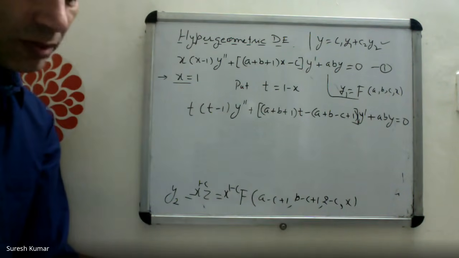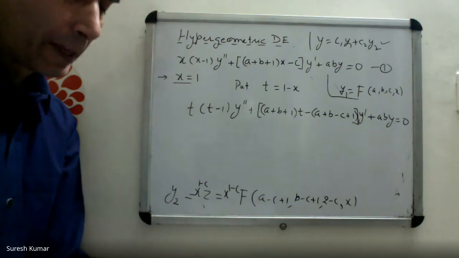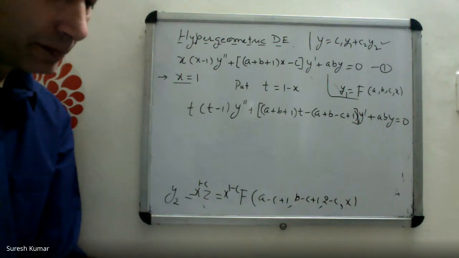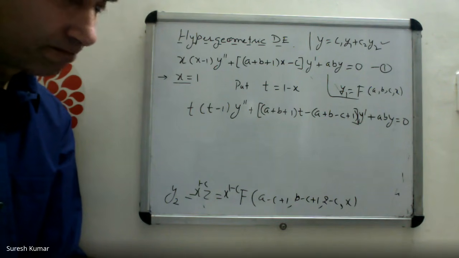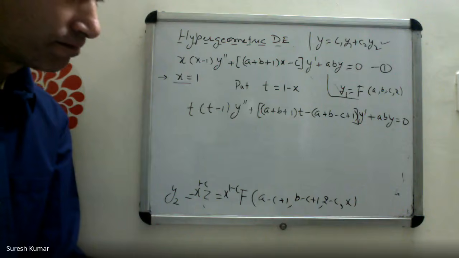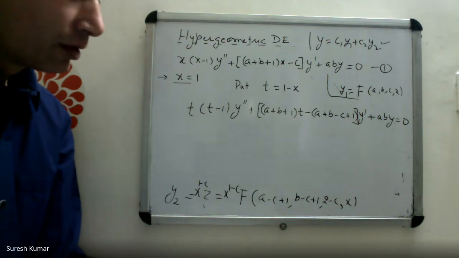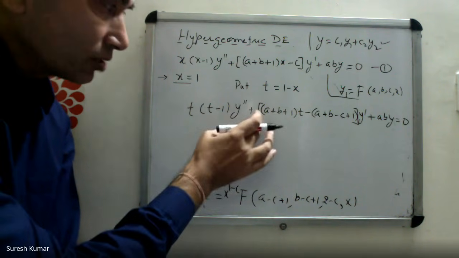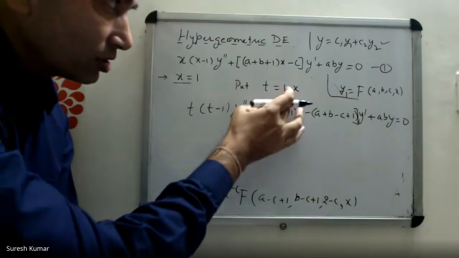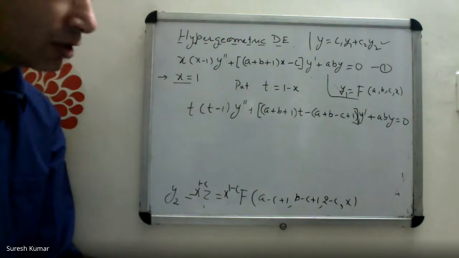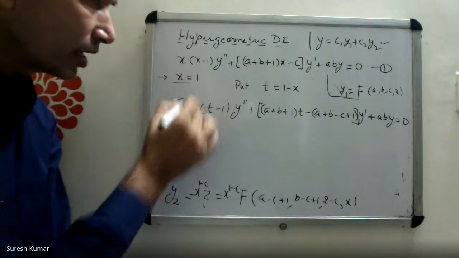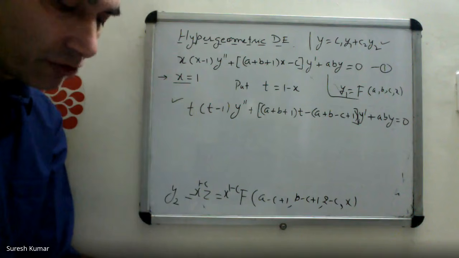Look at the transformed equation. Is it again hypergeometric? This equation obtained after using this transformation, I'm asking whether it is again a hypergeometric differential equation.